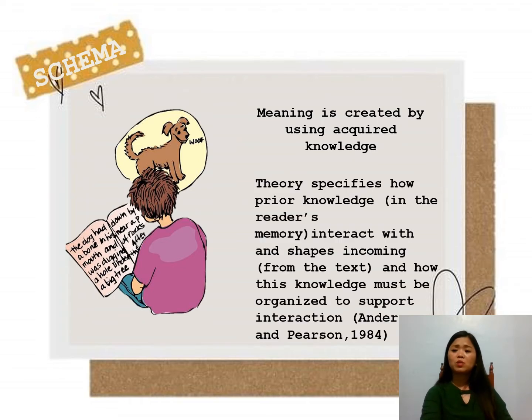The theory specifies how prior knowledge in the reader's memory interacts with and shapes incoming information from the text, and how this knowledge must be organized to support this interaction.